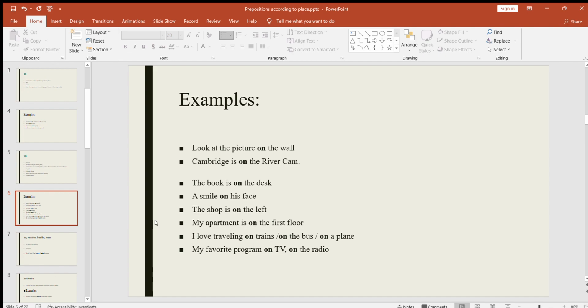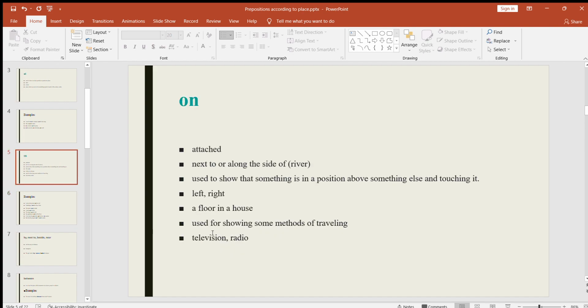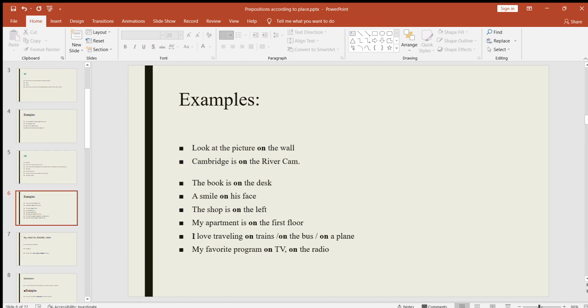Next, used for showing some methods of traveling, as I was telling you before, that except car and taxi we use "on". For example, I'm on the bus, I'm on the train, I'm on the plane. I love traveling on trains, I love traveling on the bus, I love traveling on a plane.